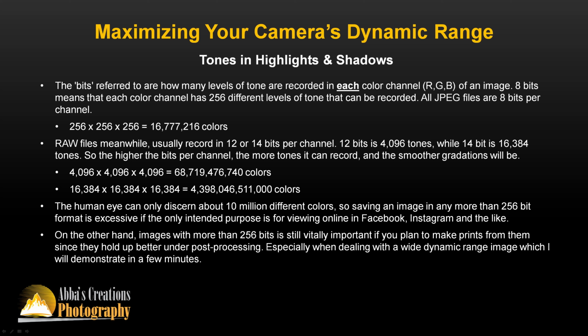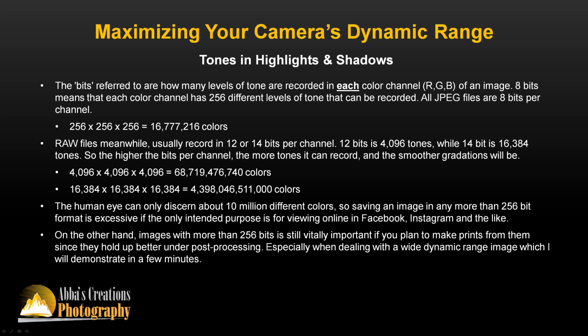Most newer intermediate and prosumer cameras have 12 or 14-bit ADCs and store the image in RAW files in that same 12 to 14-bit format. 12 bits is capable of recording 4,096 different tones, while the 14-bit ADC is capable of generating 16,384 tones.